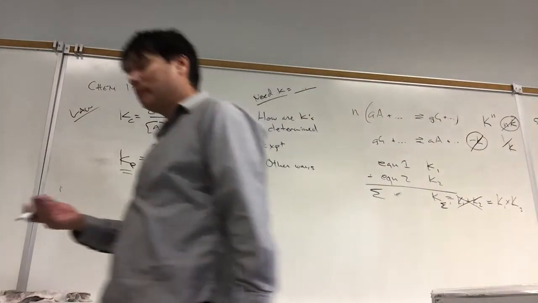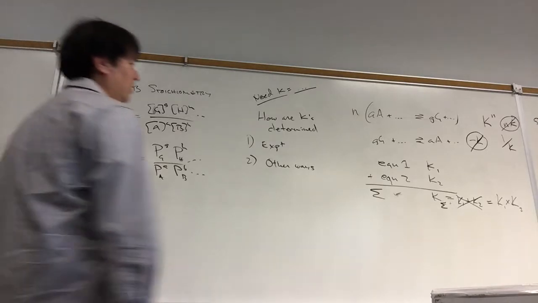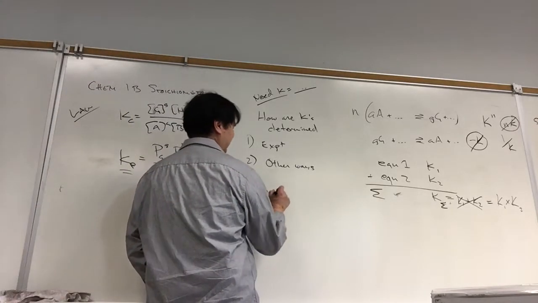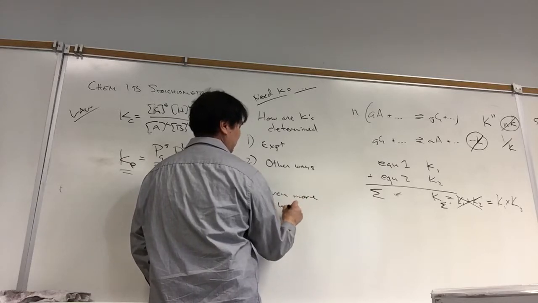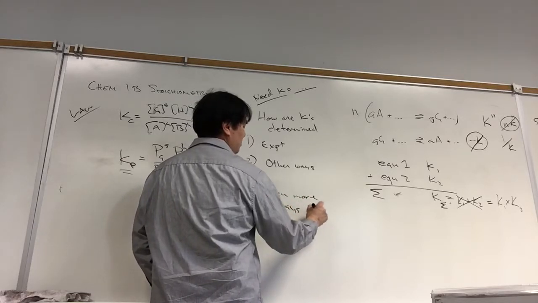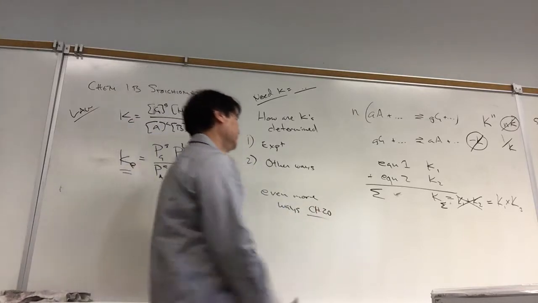And so what this means is you don't have to do experiments for every single reaction that you want a K value for. We can do that based on this. There's even more, but we'll have to wait until chapter 20. It's thermodynamics.